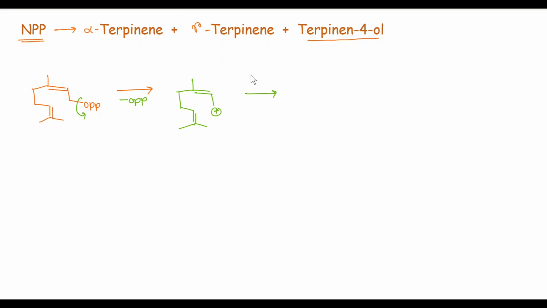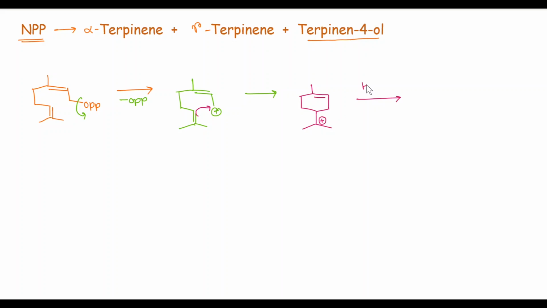In the next step, this pi bond attacks this electron-deficient carbon atom and we get a 6-member ring with this double bond and this carbocation.